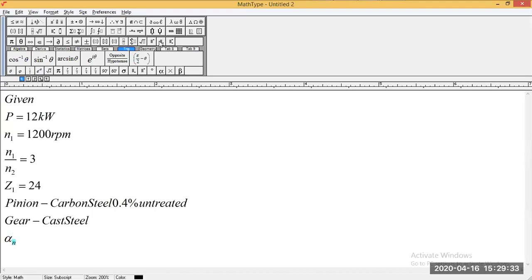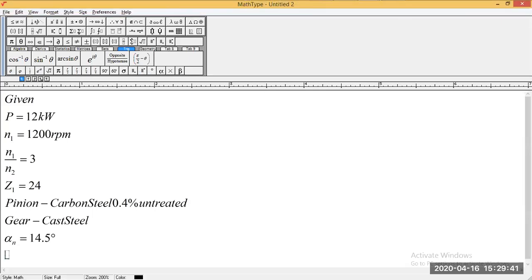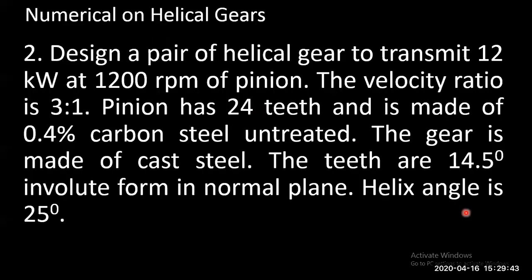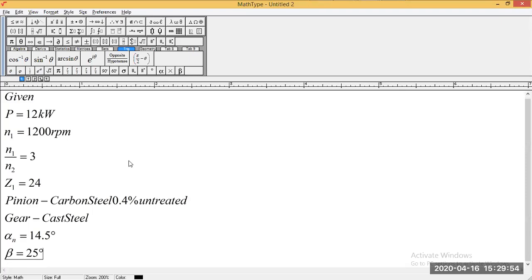You need to note carefully: this is 14.5 degrees in the normal plane. Then finally, helix angle is 25 degrees, which you can designate beta. So this is all the data which is given.